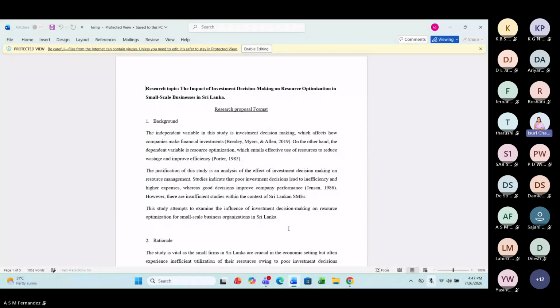How many sets? Hypothesis 1A, hypothesis 1B, hypothesis 1C. So here it is H2, H2A, H2B, H2C. This is H3A, H3B, H6.